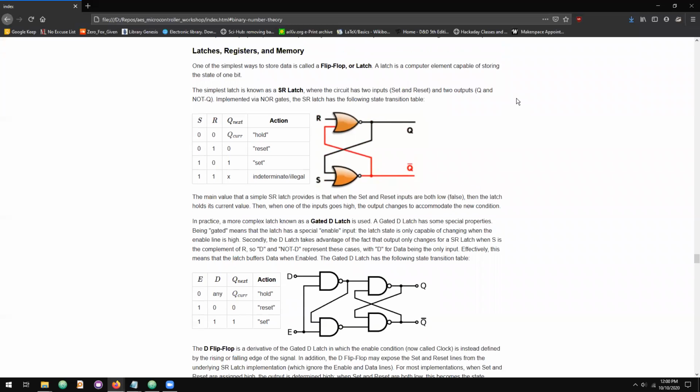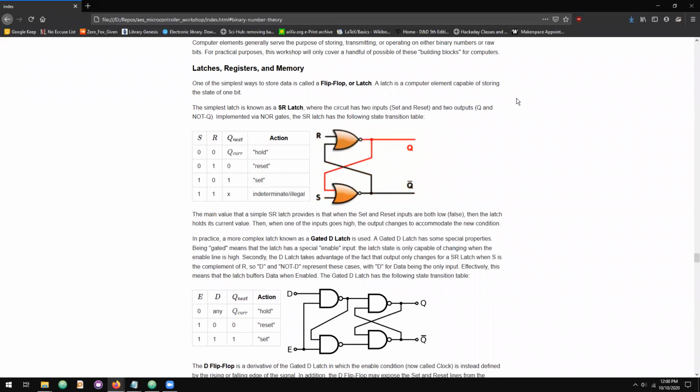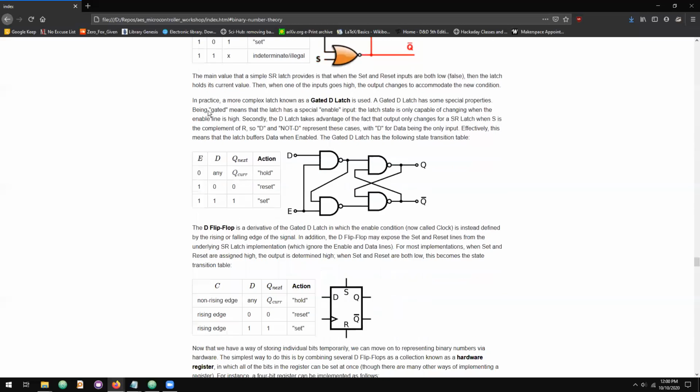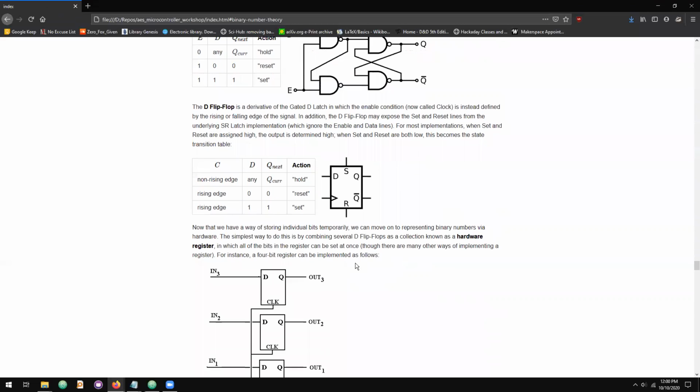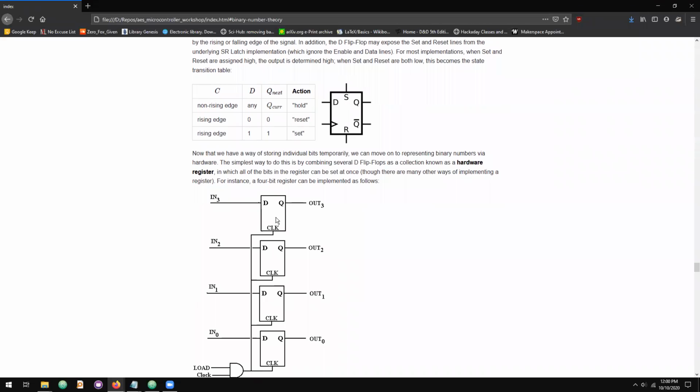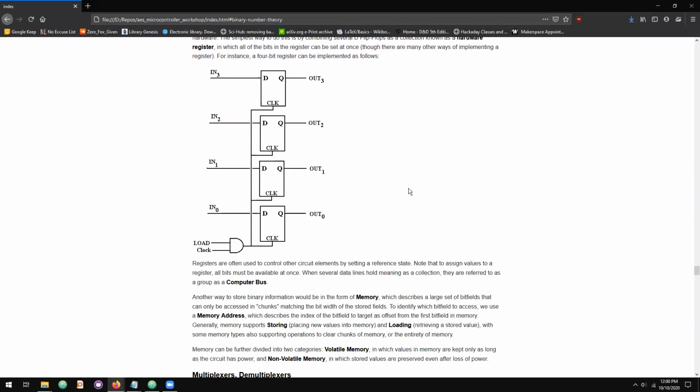Really, for the microcontroller's sake, the reason I'm showing you is for your edification, that there is a path to get from basic electronics all the way to microcontrollers. In some cases it's helpful to know what memory is and that it's individual cells of bit storage.